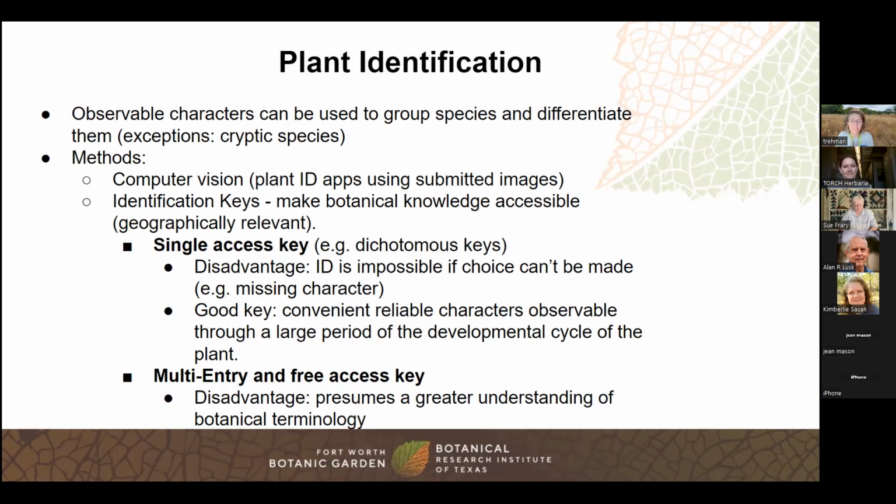So methods, so computer vision, right? That's when I talk about iNaturalist, and I'm presuming that many of you have worked in iNaturalist before. And I'm putting the link in there just in case. iNaturalist is a photo observation community science project. It's a wonderful tool, and it has an ability in there to use computer vision technologies to identify the image of the plant that you're submitting.